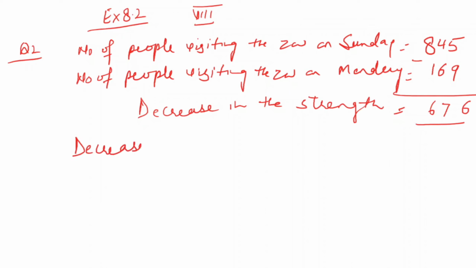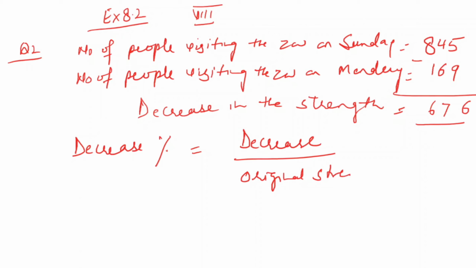Whether he's asking increase or decrease, what we do is write the decrease over the original, that is the base number of people, or the original strength, meaning initially how many people were going, into 100. If this question is about increase also, we would use the same formula.